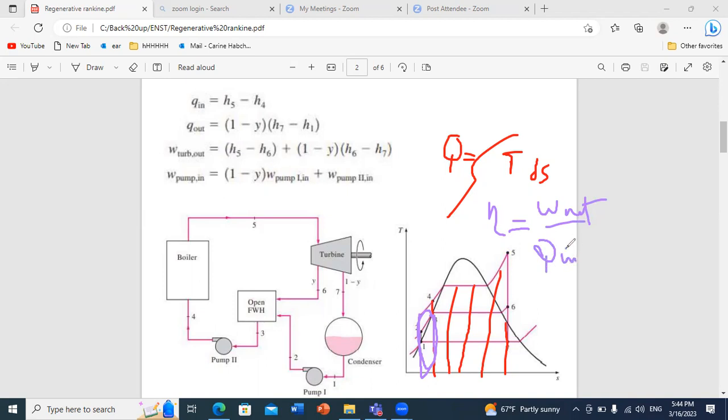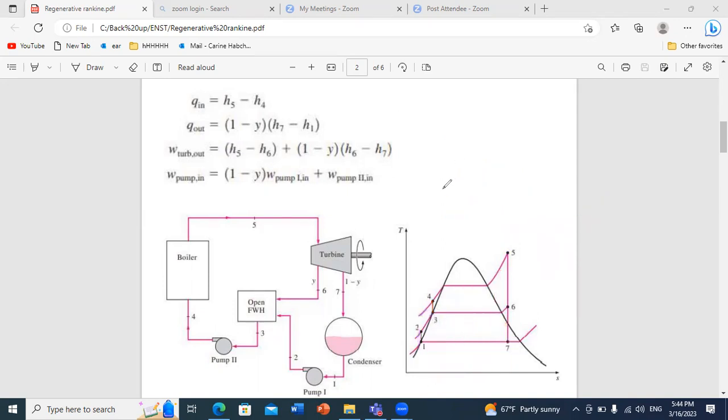So from here, you can benefit from the reduction of Q dot in to increase the efficiency. Now, how can we verify this by calculation? Well, first, things are a little bit more complex here. Why? Because we don't have the same mass flow rate circulating over the whole system. Once you reach the turbine, let's say you have the mass flow rate m dot, a certain percentage will go towards the open feed water heater, and another percentage will go to the condenser.